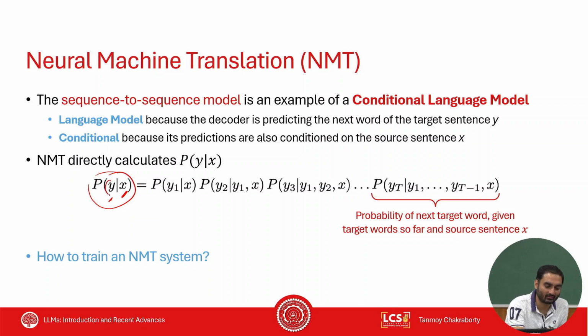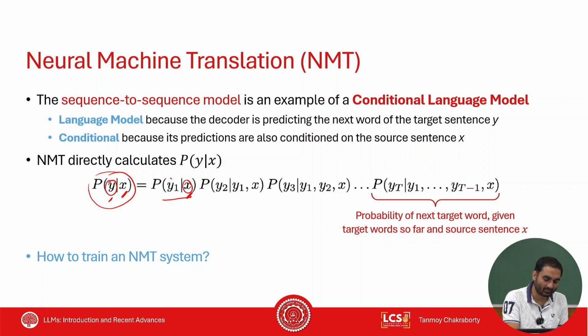Now if you think of Y as Y1, Y2, Y3 and so on. The first probability that you are computing at the first hidden state, what is the input there? The input is the final hidden state of the encoder, right? So that is X. You have already processed the entire input sentence.